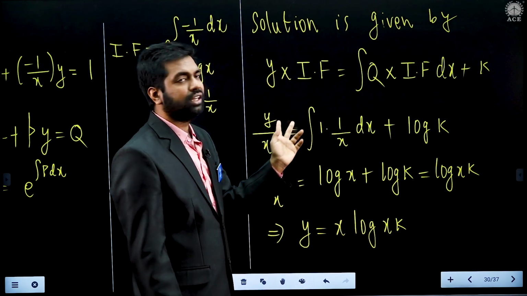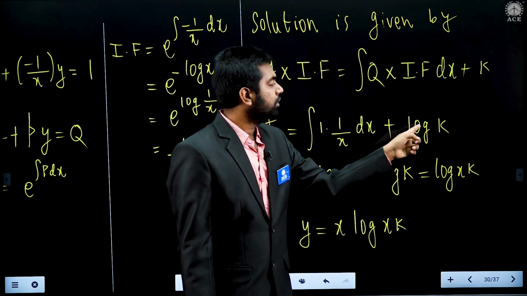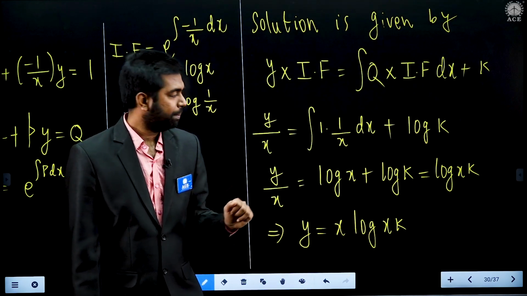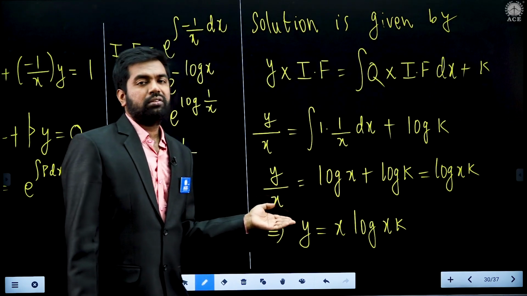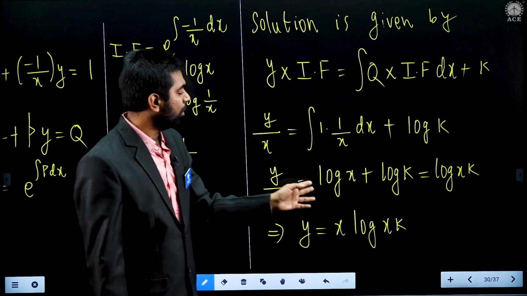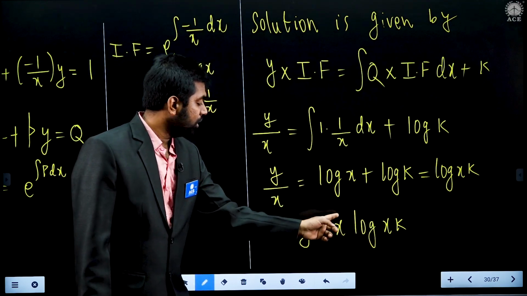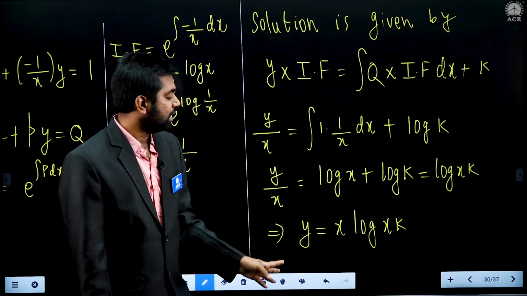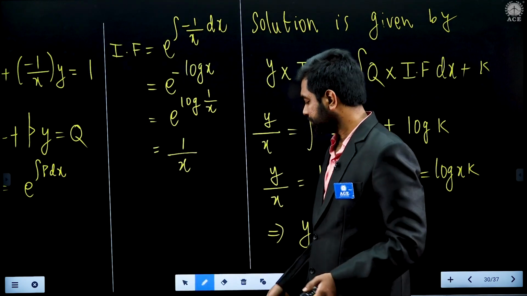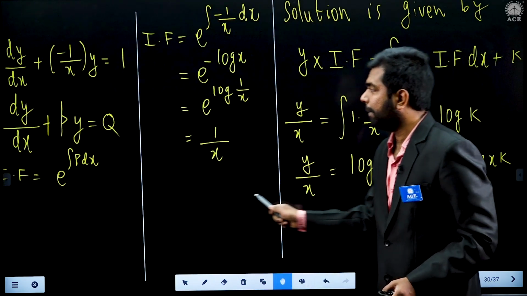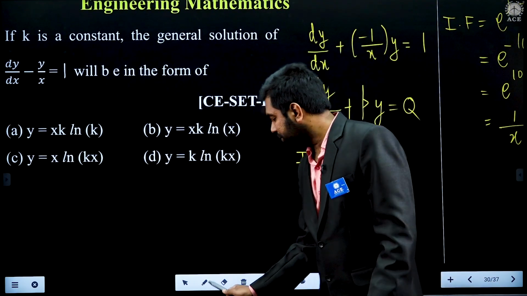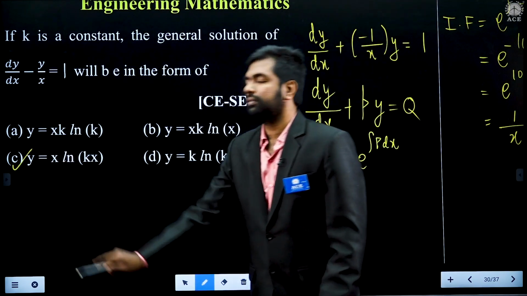Since the integration of 1 by x is log x, I'll treat this constant also as log k. Log k is also a constant, so there is no harm in it. Log x plus log k is log xk, since log a plus log b is log ab. So now y by x equal to log xk. Now you rearrange. If x goes this side, y equal to x log xk. Let's look at the options. Y equal to x log xk, that is option C.